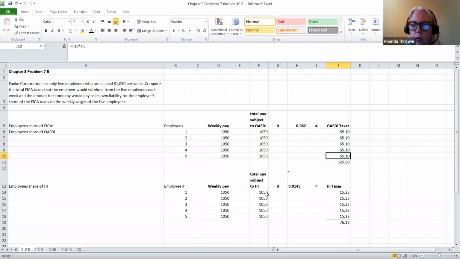So you're simply multiplying again 1,050 times the HI tax rate, and that will give you the HI taxes. And because each one of these employees, there were 5 of them, all made the same amount of weekly pay, they all have the same amount of HI taxes deducted from their paycheck. So each one of these employees is going to have $15.23 deducted out of their paycheck.